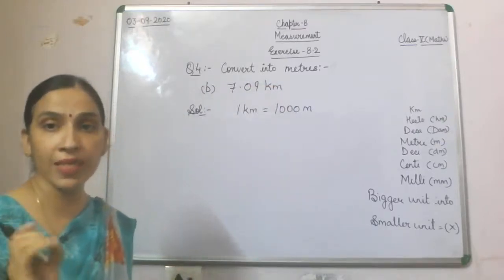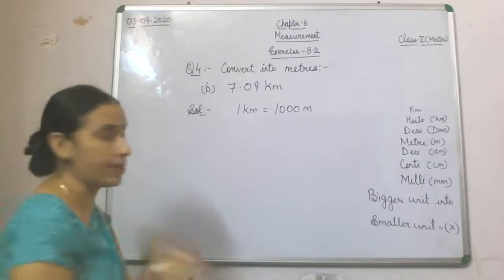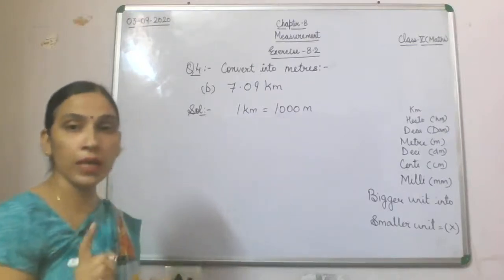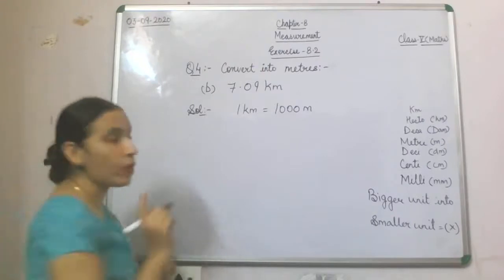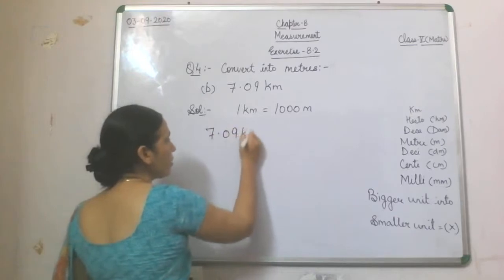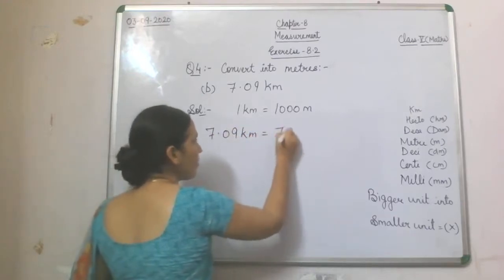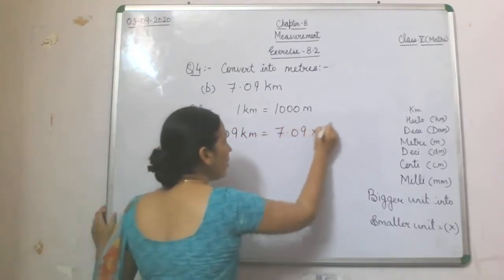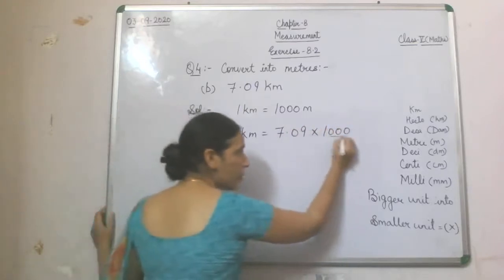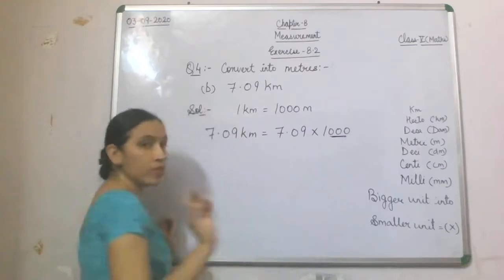7.09 kilometers. So in 1 kilometer we have 1000 meters. So here 7.09 kilometer is equal to 7.09 multiplied by 1000. Now how many decimal places do we require here? 3.